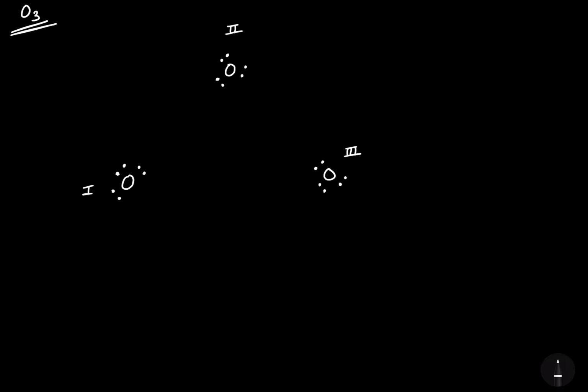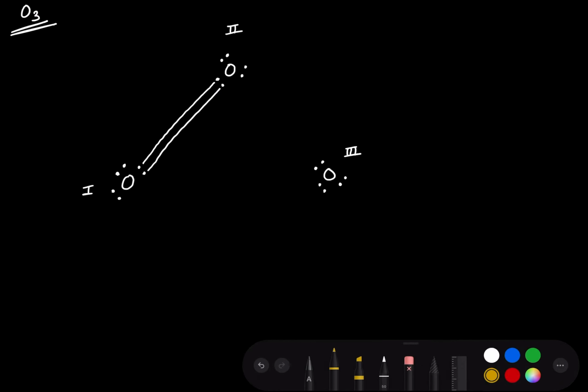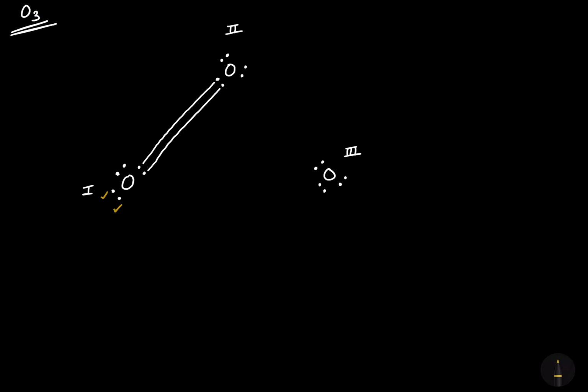Now, what's going to happen? The first oxygen is going to share 2 electrons with the second oxygen. So that's the first bond, and here comes the second bond. Now you can examine that the octet of both oxygens, number 1 and 2, is completed. Let me count it for you: electrons 1, 2, 3, 4, 5, 6, 7 and 8.